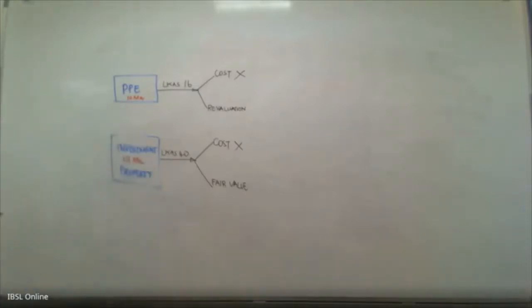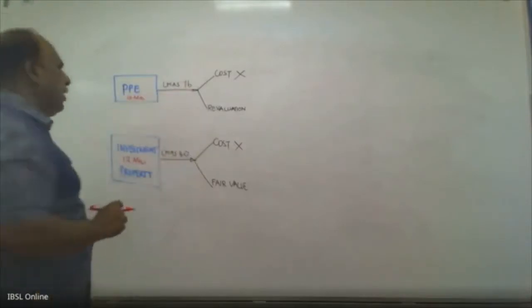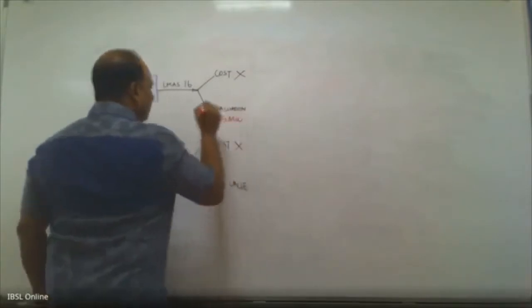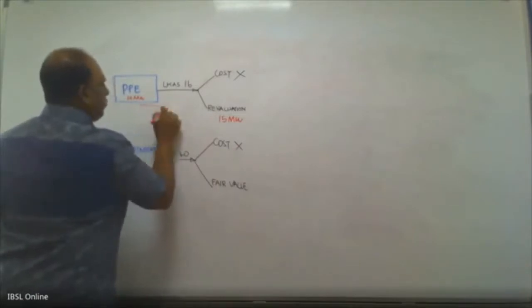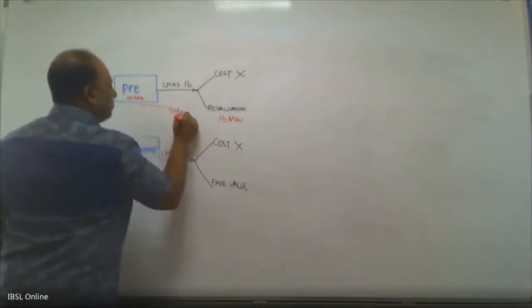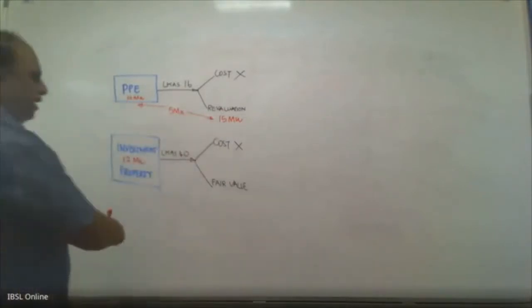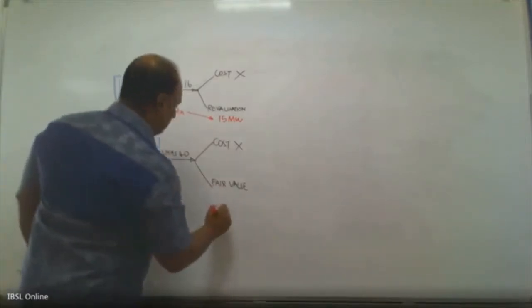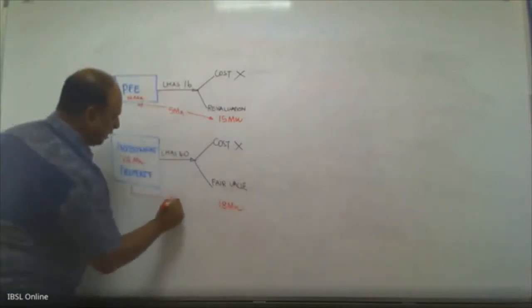So you choose to use the revaluation model here, and when you did the revaluation, they say this is 15 million. So the value has gone up by 5 million. You do a fair valuation here for the investment property, and the value has gone up to, let's say, 18 million. So the value has gone up by 6 million.